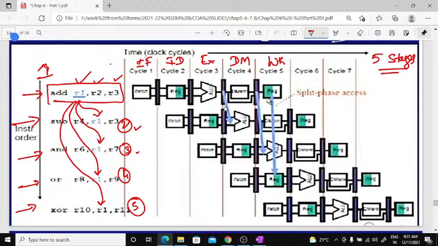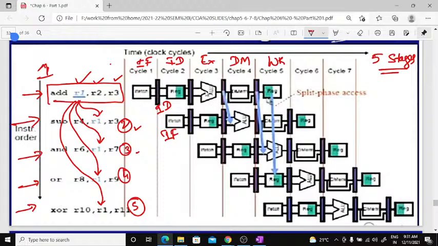So here you can observe, during the first clock cycle the instruction is fetched. During the second clock cycle, the first instruction is in the decoding stage, reading the operands, and at the same time the second instruction is fetched. Then during clock cycle 3 the execution unit performs the operation, here the ALU operation, the arithmetic logic unit.